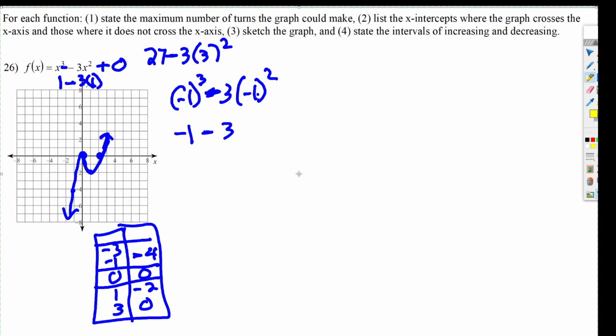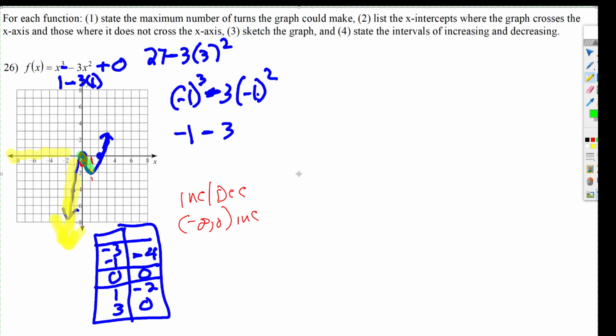And now you could look at the intervals. Let me do this in red. Where x is 0, there's that curve. Where x is 1, there's a curve. So for the intervals of increasing and decreasing, from negative infinity up to 0, increasing, and then now look at what we have.